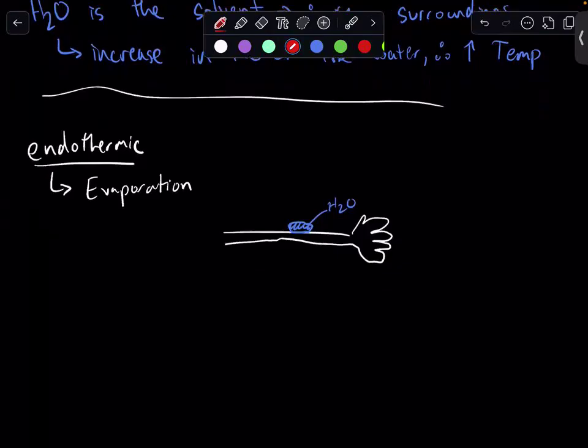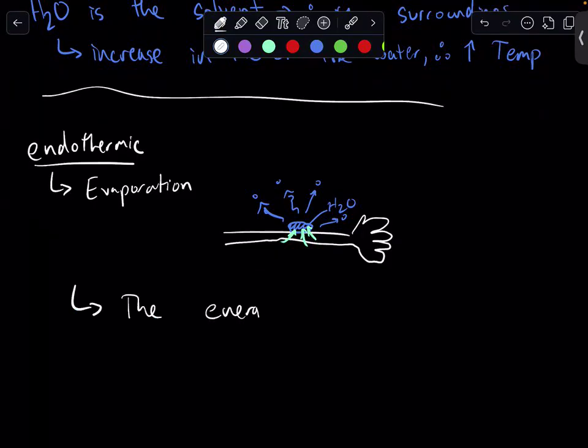Maybe if you step out of the shower, bath, or swimming pool or whatever. But what's actually happening is energy is being drawn from your arm into the water, and little water particles will evaporate off once they get enough energy from your body. So really, you're feeling the lack of energy.